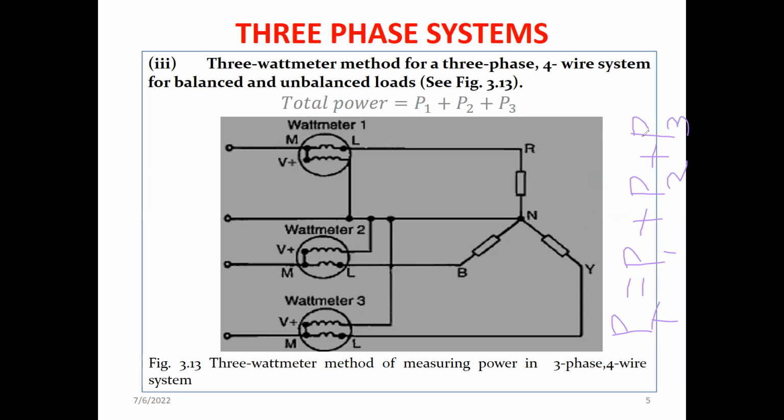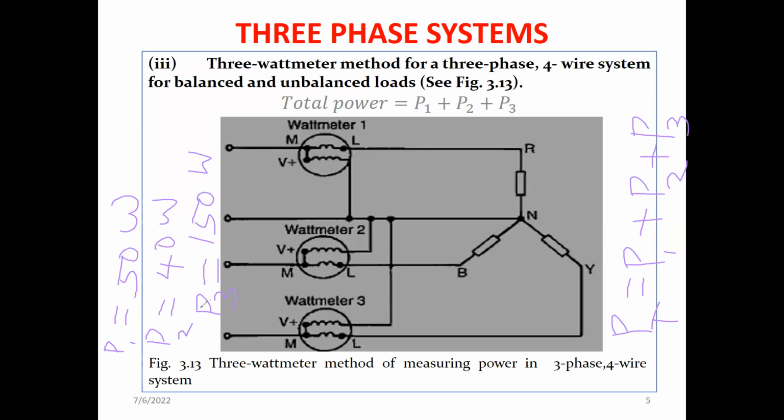For example, if power 1 is 50 watts, power 2 is 40 watts, and power 3 is 150 watts.